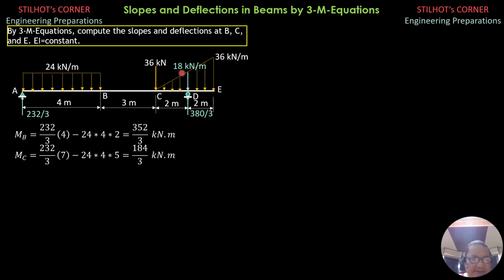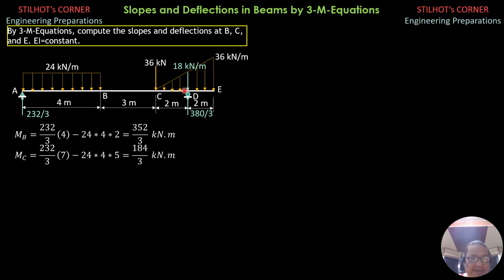Finally, for the moment at D, we divide this trapezoidal loading into rectangular and triangular. The rectangular loading is 18 kilonewtons per meter, and the intensity of the triangular loading at the right is also 18 kilonewtons per meter, 36 minus 18.